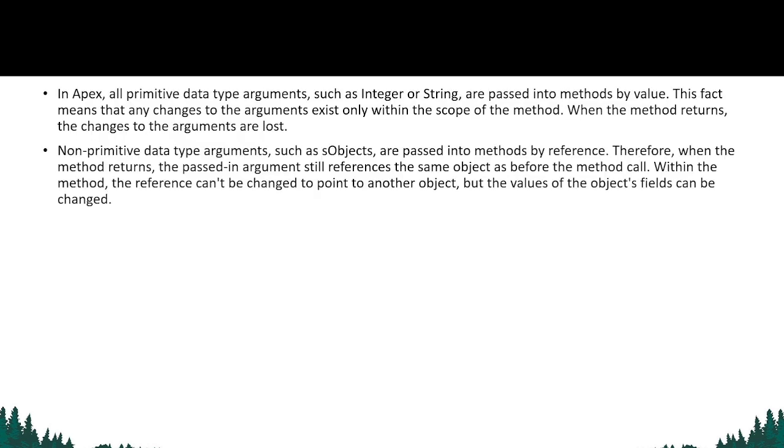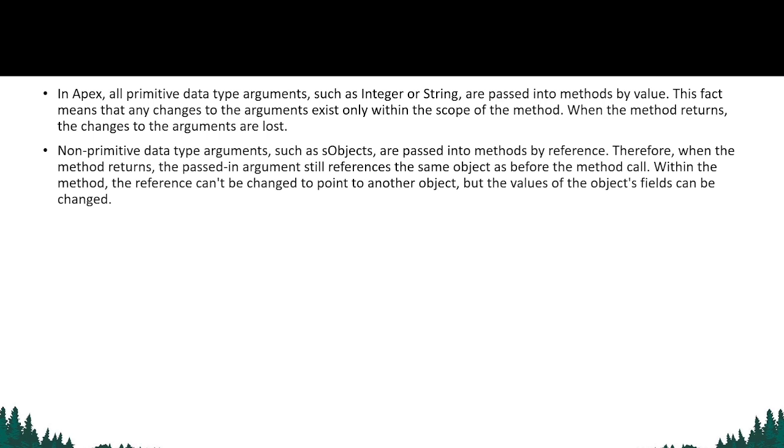Then we have the different primitive data type arguments also in Apex. We can have an integer or a string, and those will be passed into methods as values.